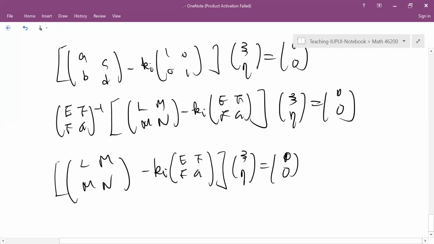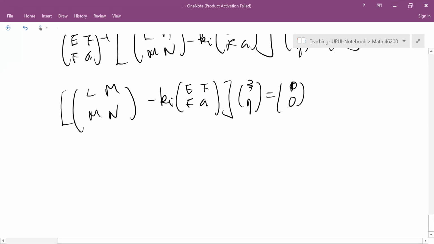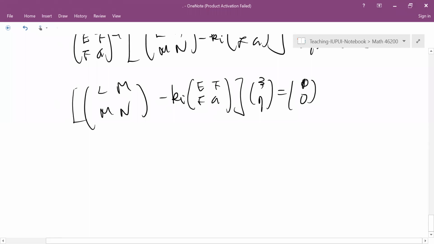Let me check. Here's the fact in linear algebra.